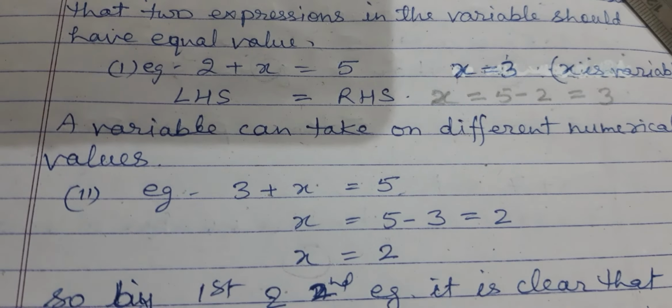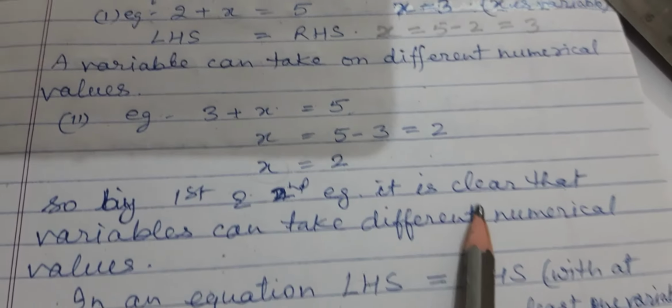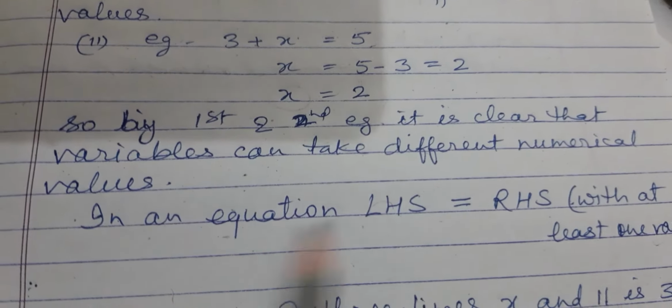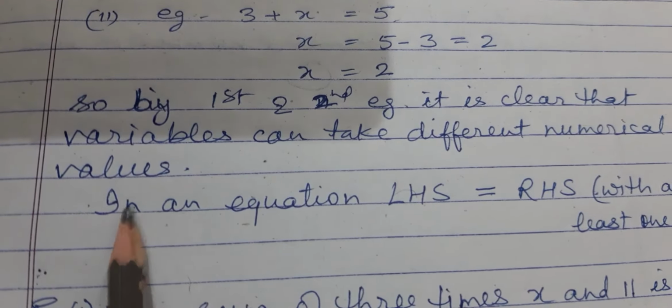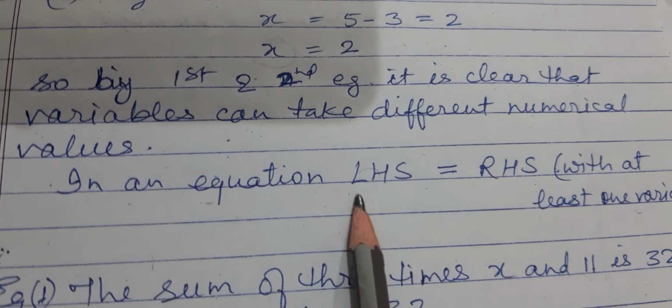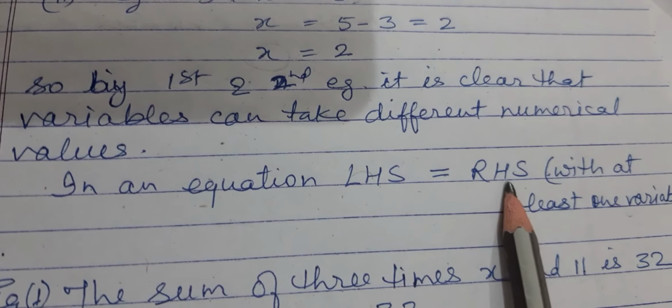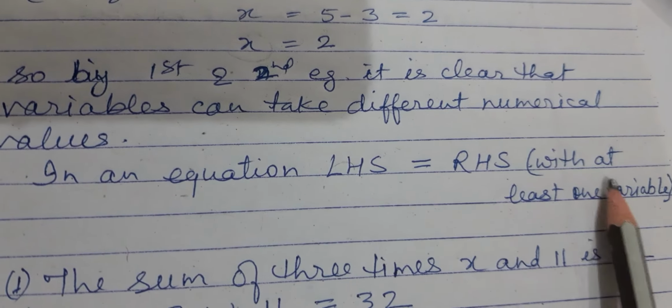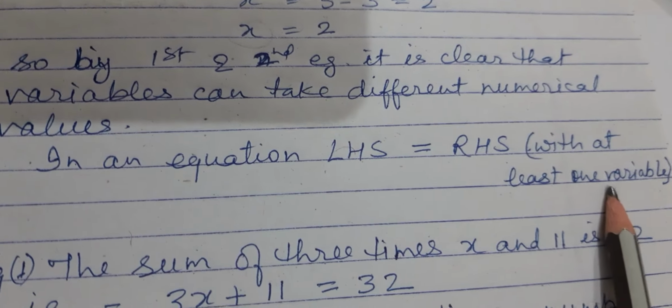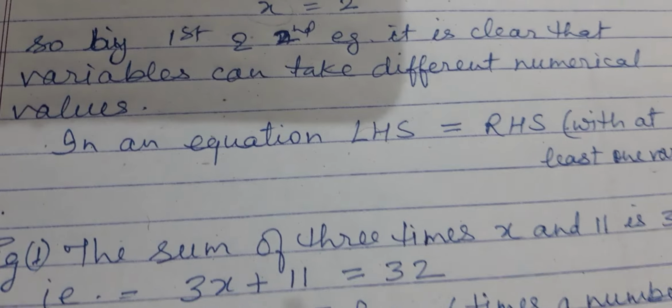So by first and second equation, it is clear that a variable can take different numerical values. In an equation, LHS must always be equal to RHS and one variable should be there.